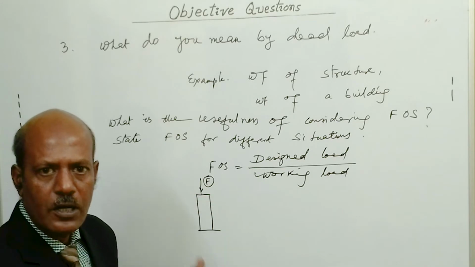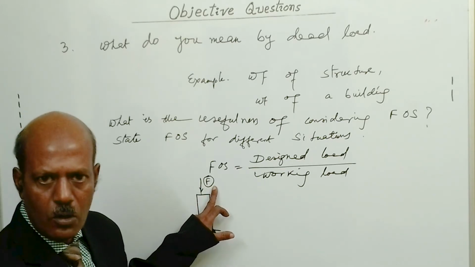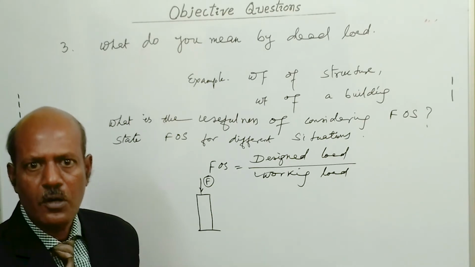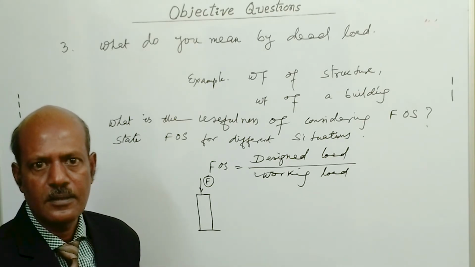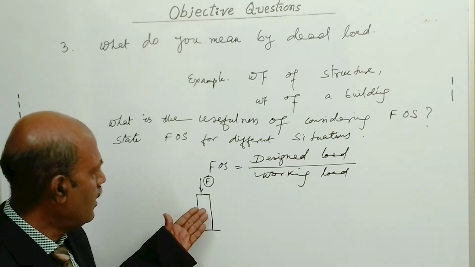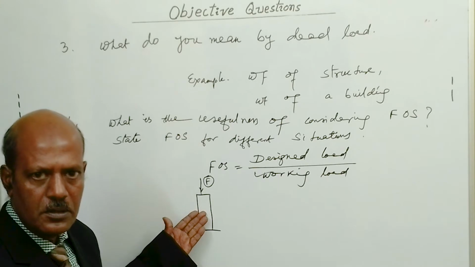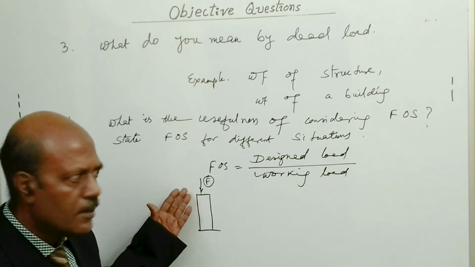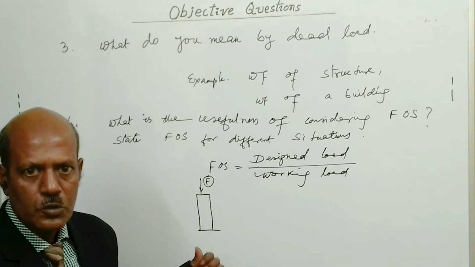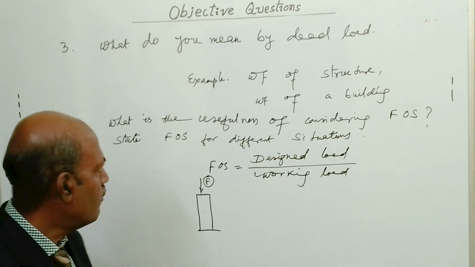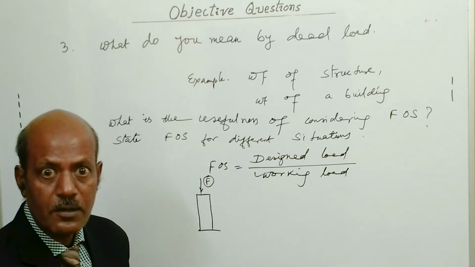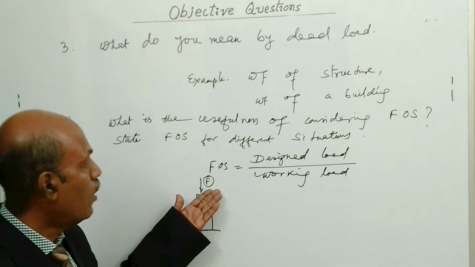If the body is designed by considering this load, then the body may fail at any time because of uncertainty. There are so many uncertainties involved while it is used, so due to that uncertainty, the body may fail at any time. So to prevent failure, the body is designed by considering a much higher load than the working load.